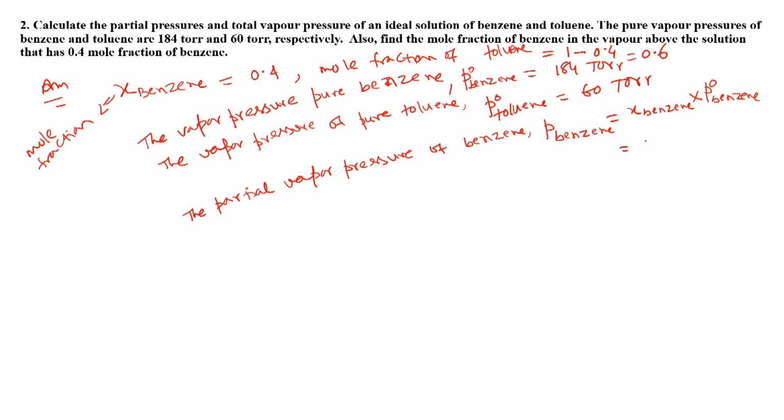So we can calculate this: the mole fraction of benzene is 0.4 and P naught benzene is 184. So it gives you 73.6 torr.